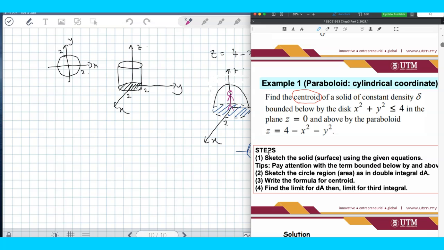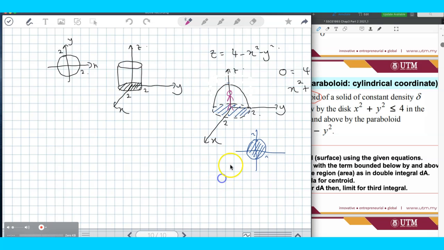Maybe you want to ask why we don't use spherical. As I mentioned before, for spherical you have to find phi and rho, and in this case there is no information about rho or phi. If you want to use Cartesian, it is a bit complex because you have to deal with the plus minus square root using the equation of the circular region.